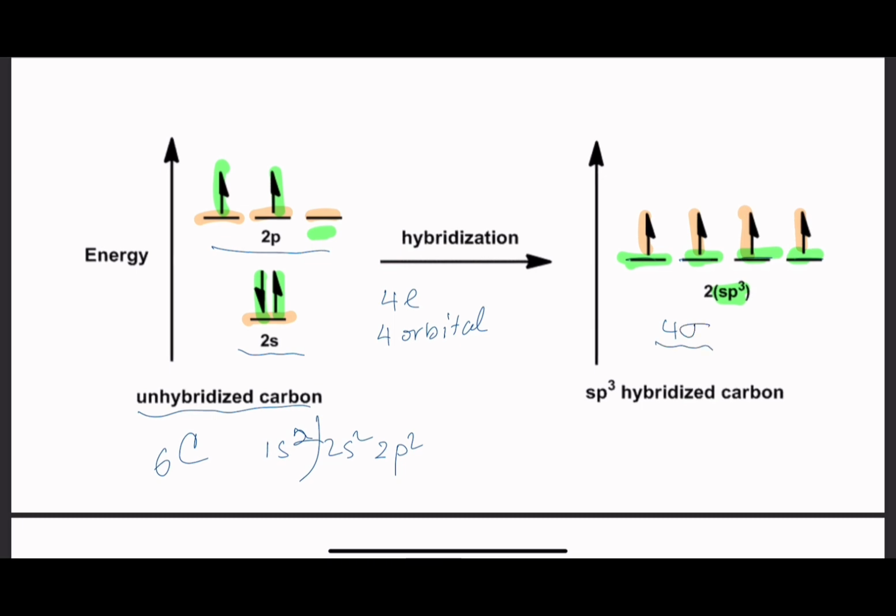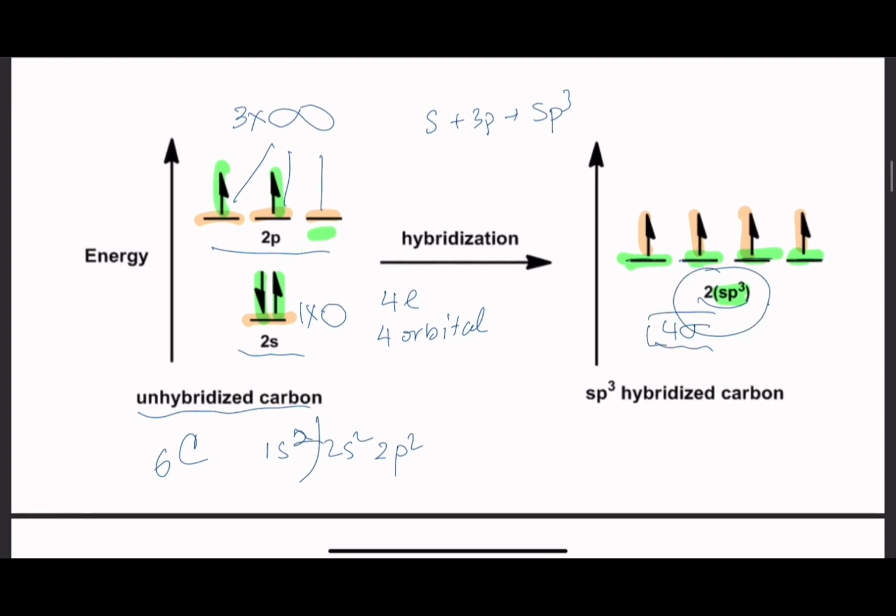But the reason I called it sp3 is because, as you see, I got 1 s orbital and 3 p orbitals. So 1s plus 3p, we made sp3, and that's why we named it sp3. So I can make 4 sigma bonds, right?